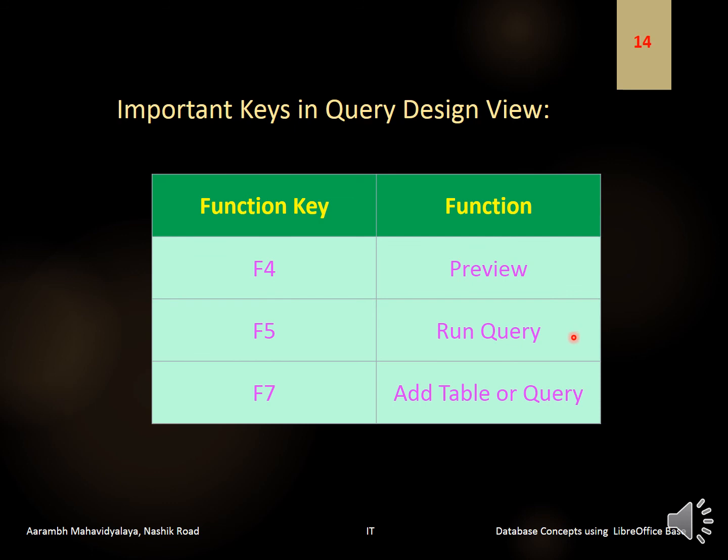Similarly, here before taking the output of any query, we can check its preview by using the function key F4, and to run that query we can use the function key F5, and to add a table or query we can use the function key F7. Just remember these function keys for the further processing.